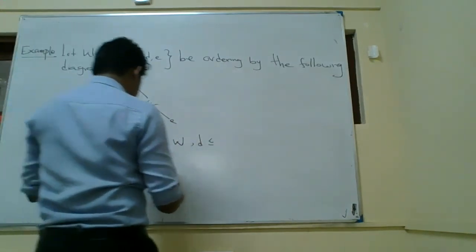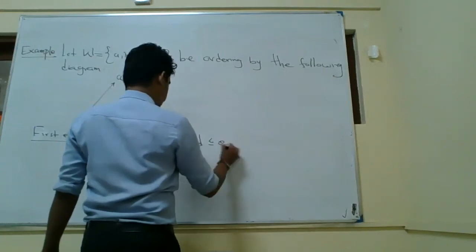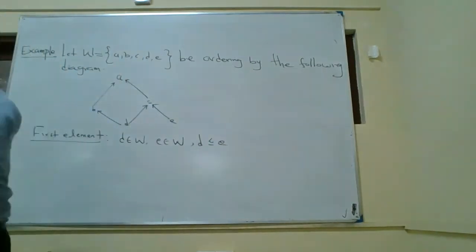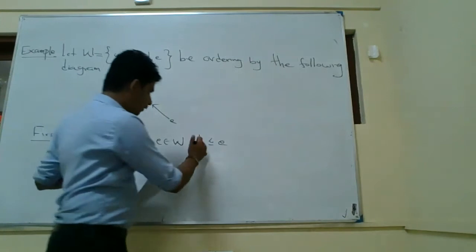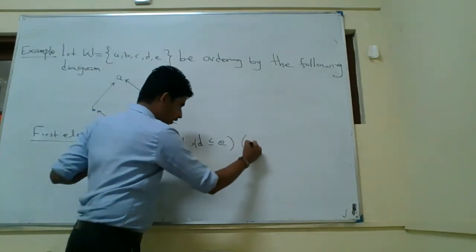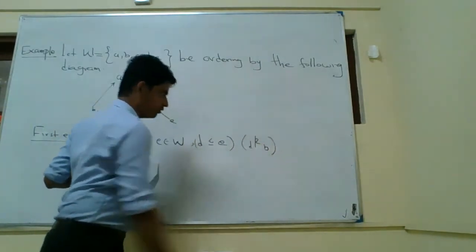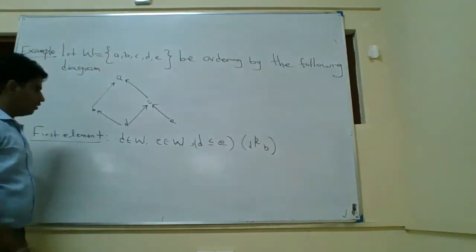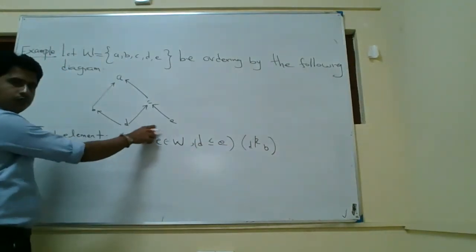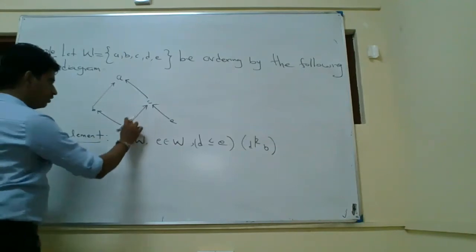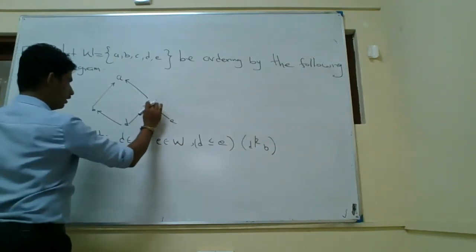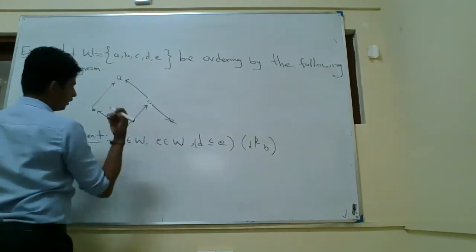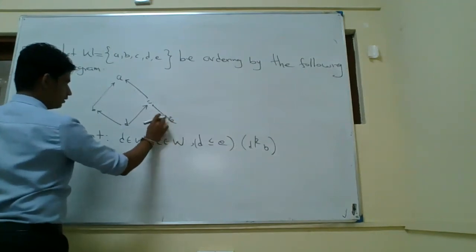Suppose this condition is satisfied, first element. Whether D precedes B, what is the meaning of this? D related to B. Suppose this mark goes from here to here, D. But this mark is opposite.